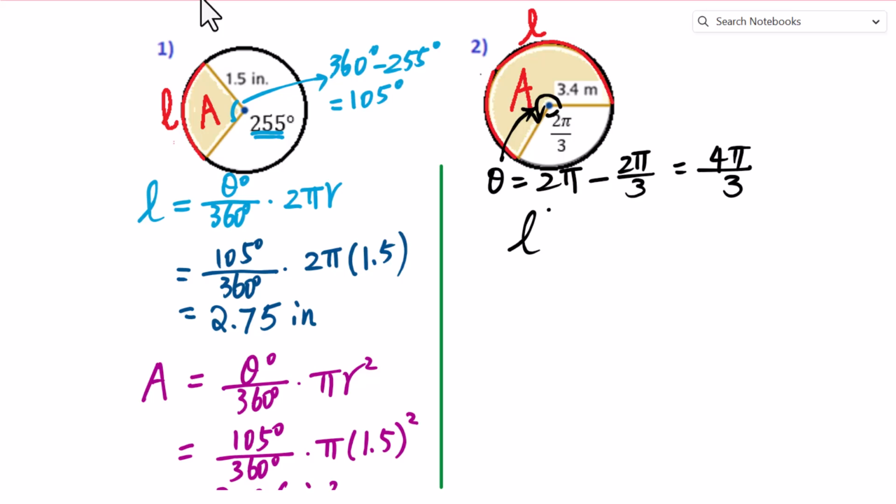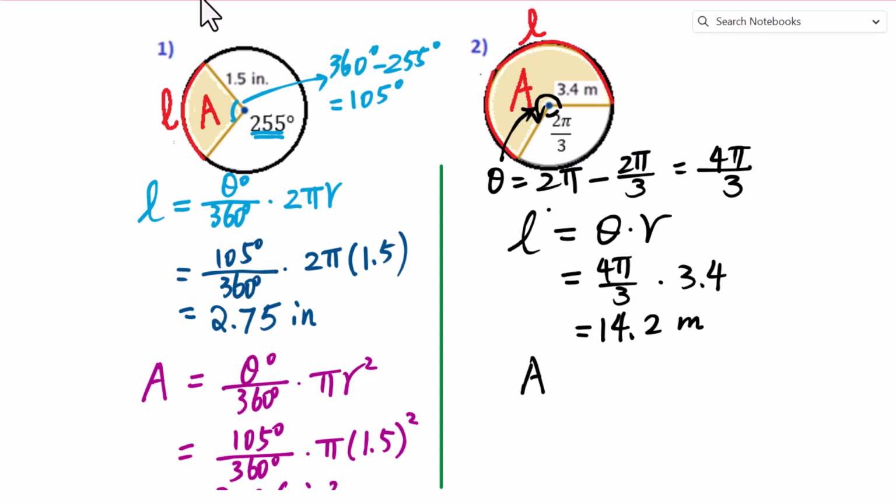We will use this formula for arc length, theta times r, which is 4 pi over 3 times 3.4 meters, 14.2 meters.